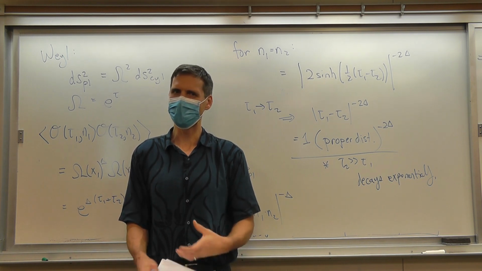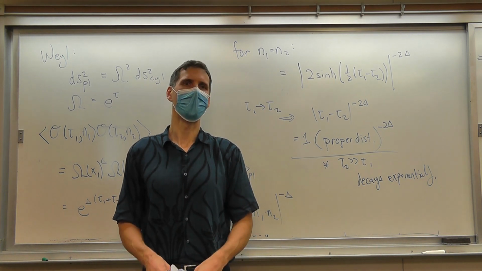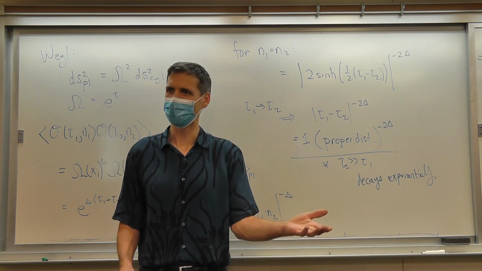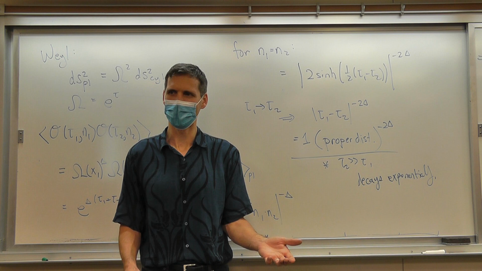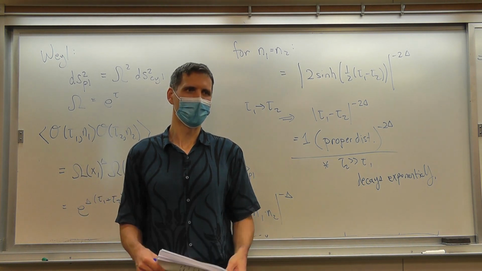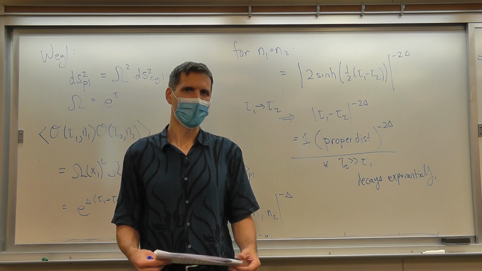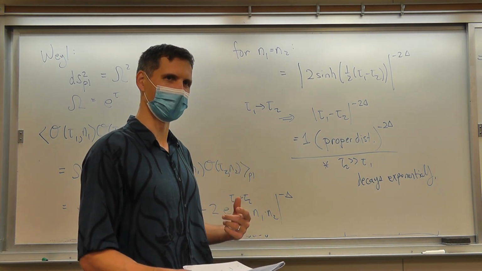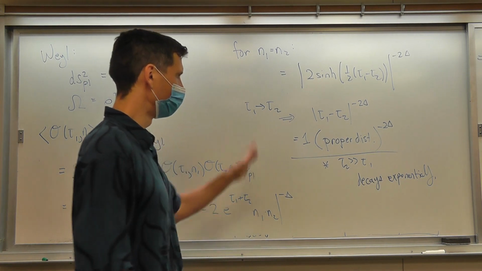But if you take a CFT and you put it on the sphere, it's now gapped. Its gap is the lowest energy, the dimension of the first state. It's now gapped, and everything is going to decay exponentially. What I was confused about was the Lorentzian cylinder, but we're in Euclidean, so.